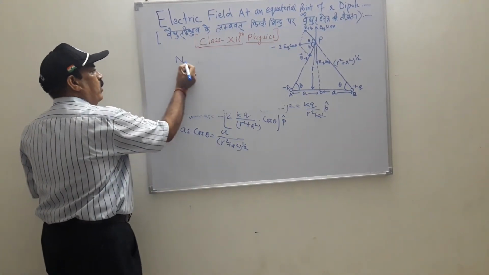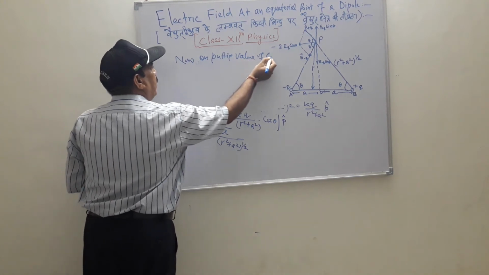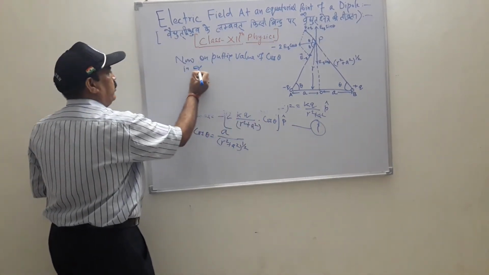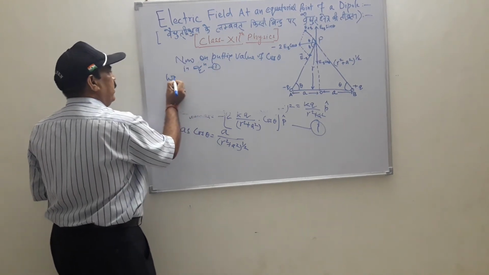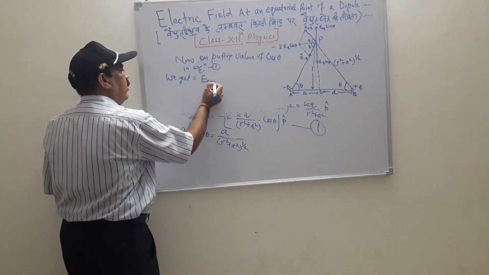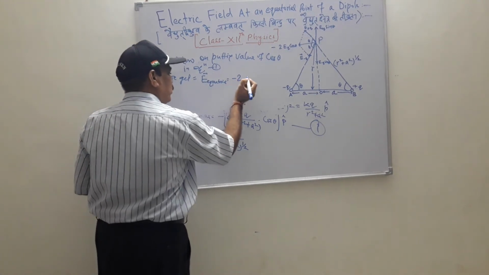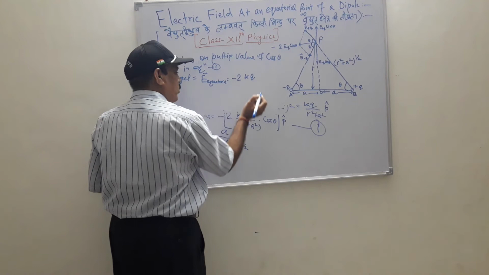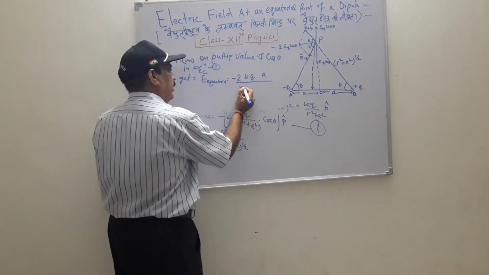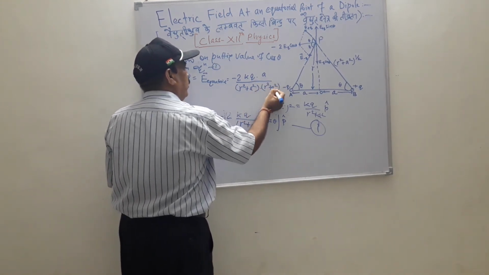Now, on putting the value of cos theta in equation 1, E equatorial will be equal to minus 2 KQ into a upon r square plus a square into r square plus a square whole to the power 1 by 2.